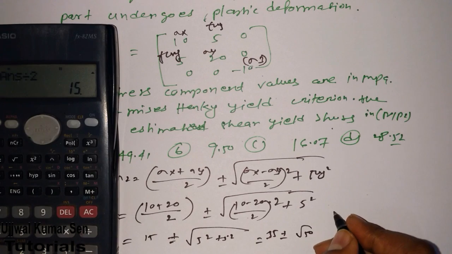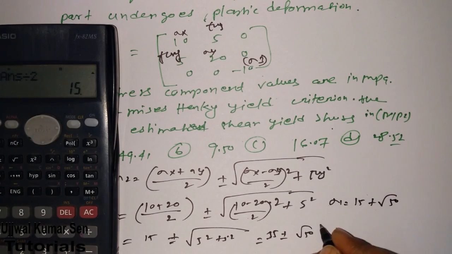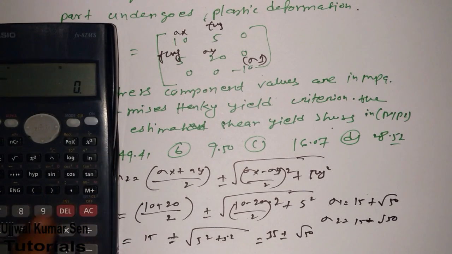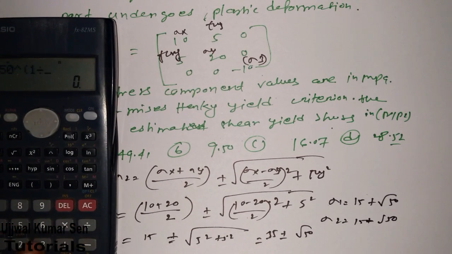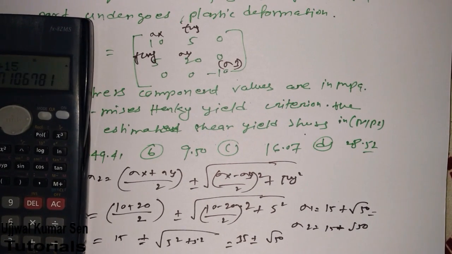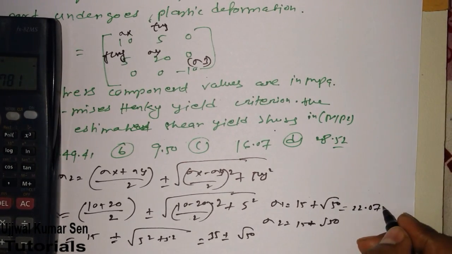So sigma 1 is equal to 15 plus root under 50, and sigma 2 is equal to 15 minus root under 50. And if you're talking about root under 50, what is the value of root under 50? That is important, that is 7.07. So we have to add 7.07 to 15, that is 22.07, in megapascal.